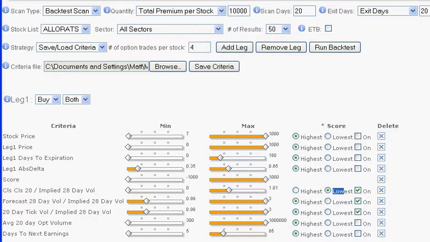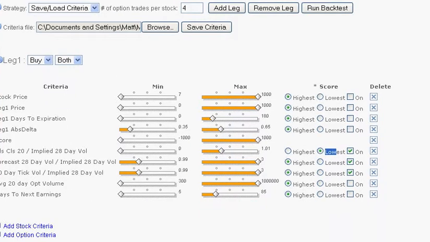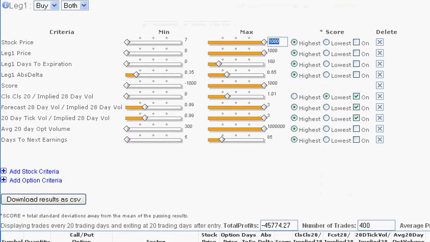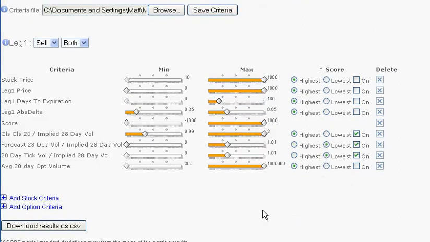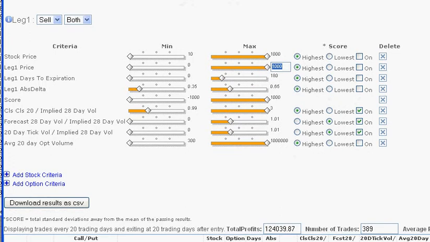But the net amount is profitability, whereas those shorts are offset by the longs, and that net amount of profit is what we would consider the edge to this type of scan. So again, a $45,000 loss versus a 124,000 gain is quite nice for this.